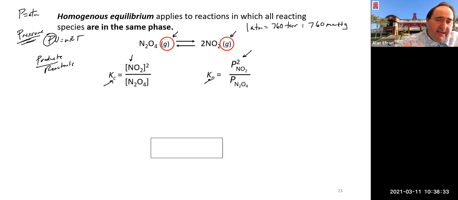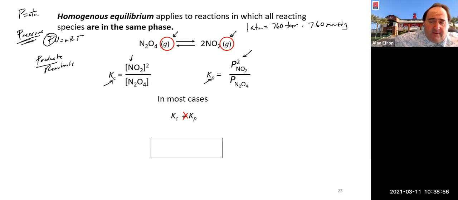Now, are Kc and Kp in most cases the same exact numerical value? Not in most cases. It can happen, but in most cases, they're not really the same numerical value. But they do tell you the same thing. So if you have a large Kp value, you would expect still a lot of products at equilibrium.